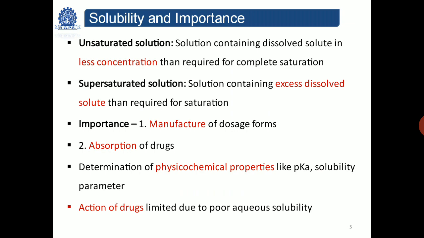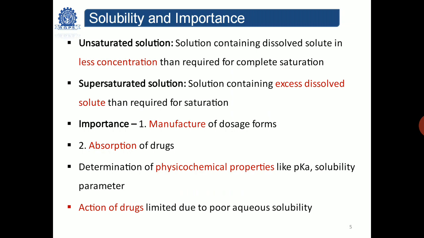Now after the saturated solution, the next is the unsaturated solution. Obviously in this solution, the solute is present in a lesser quantity than required for saturation. That's why it is known as an unsaturated solution.